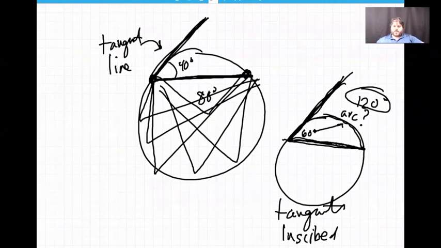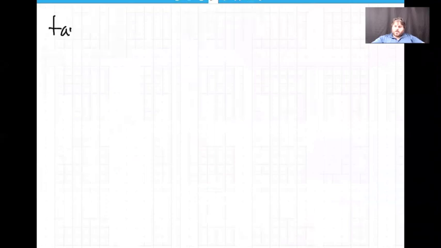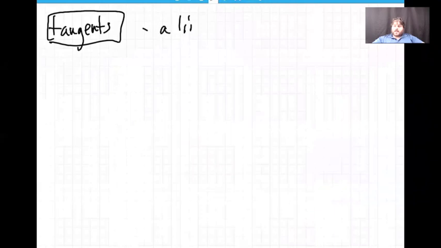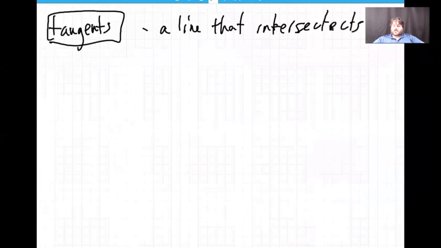All right, so while we're on the subject of tangents, let's define that, okay? A tangent is a line that intersects a circle one time, and only one time, actually. It can't hit it more than once.